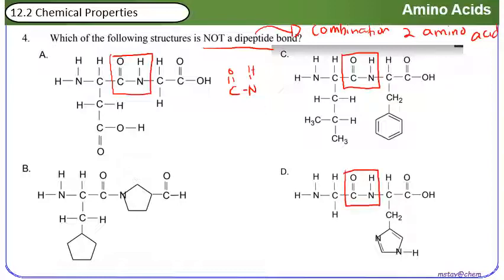But for the option B, we only see C double bond O N, and then we didn't see the H because both are bonded to the carbon. So we will choose the answer for B.